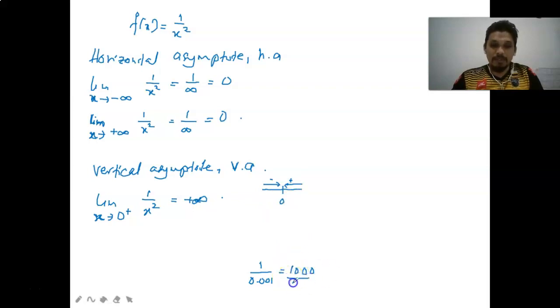So it's a big value, right? So we just name it as positive infinity.